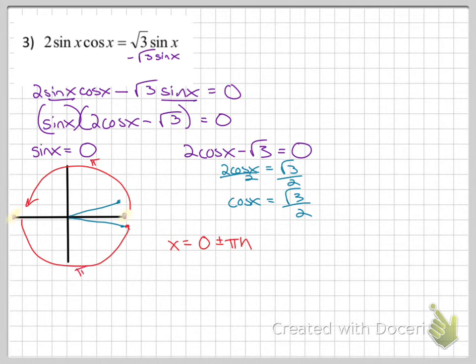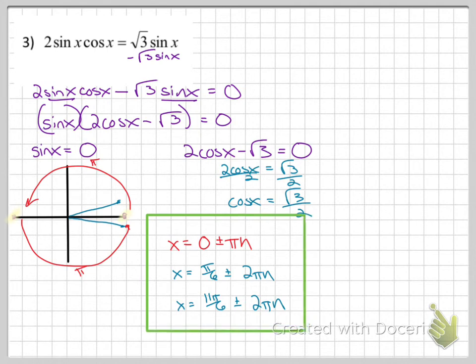But for the blues, each one of those is going to have to get its own equation. So the top one is pi over 6 plus or minus a whole circle. And the bottom one is 11 pi over 6 plus or minus a whole circle. And these are our 3 answers that represent 4 points. Well, technically they represent an infinite number of points that solve this equation.